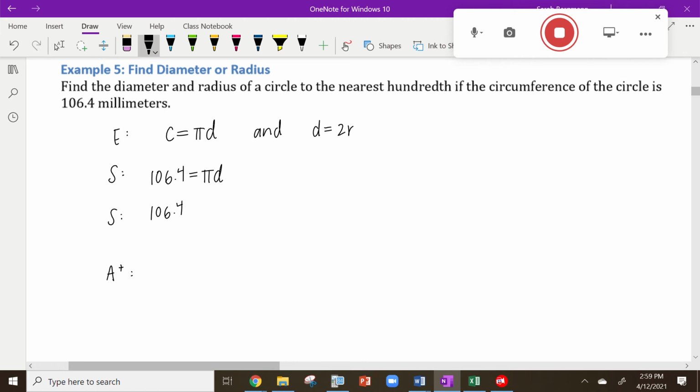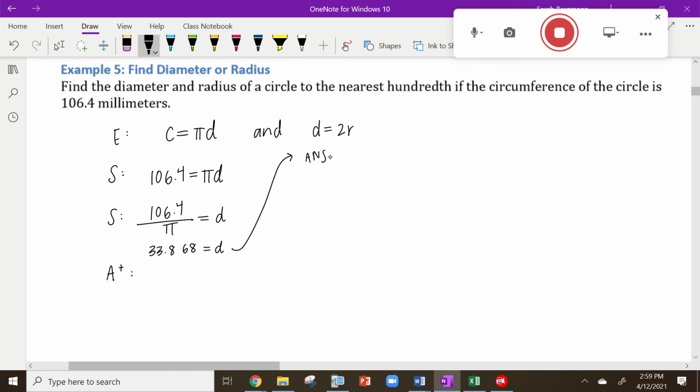Now, in order to solve this, I have pi times the diameter, so I have to divide by pi on both sides. So I have 106.4 divided by pi. Plug that into your calculator. You'll get 33.868 as the diameter.